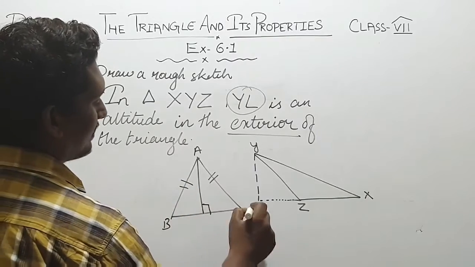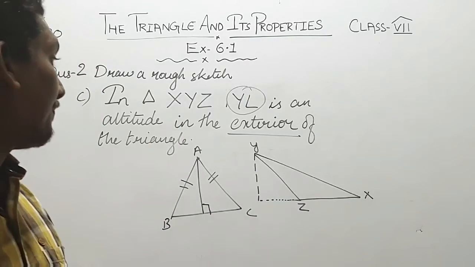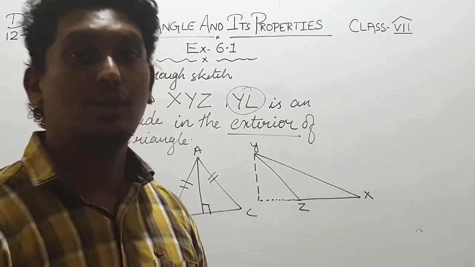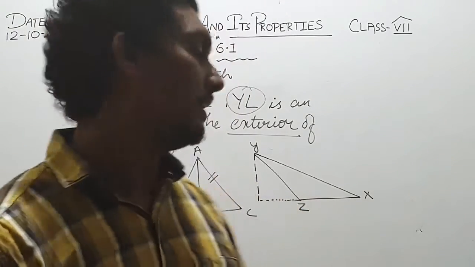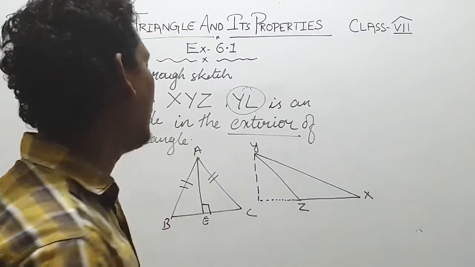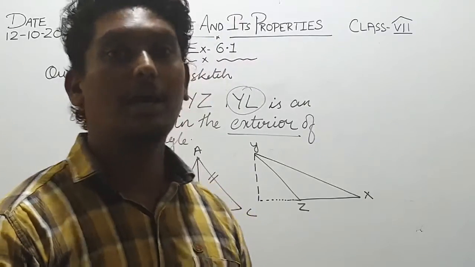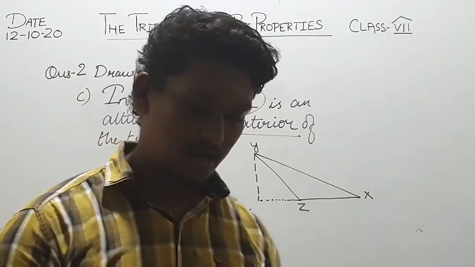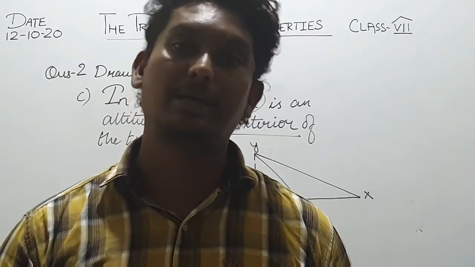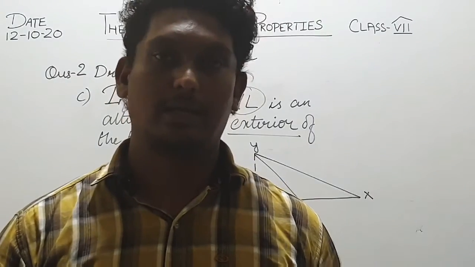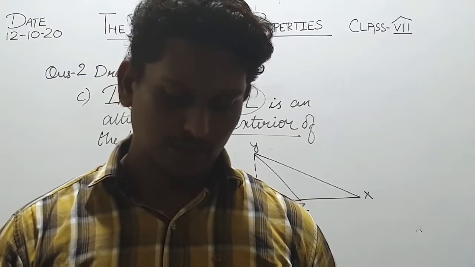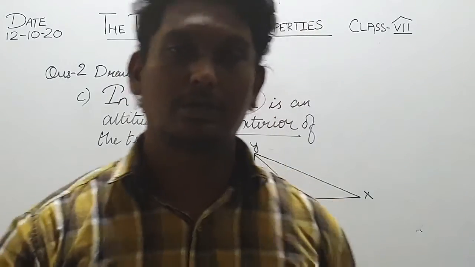Suppose, for example, I have taken ABC. From the vertex to the opposite side, you have to show whether this line AE is a median and altitude of the triangle. In the end you have to verify that yes, it is like that. That statement is given in the question. This question is homework for you, so just go through it.